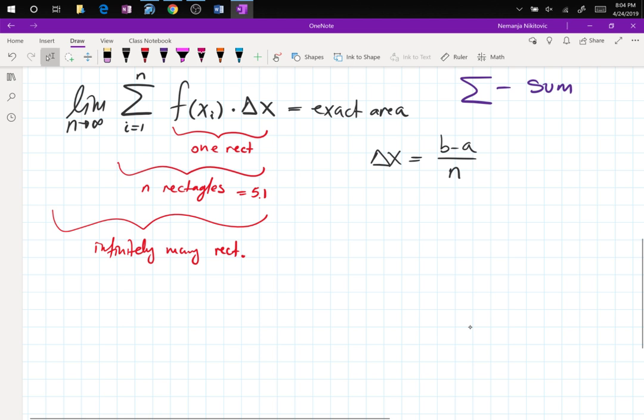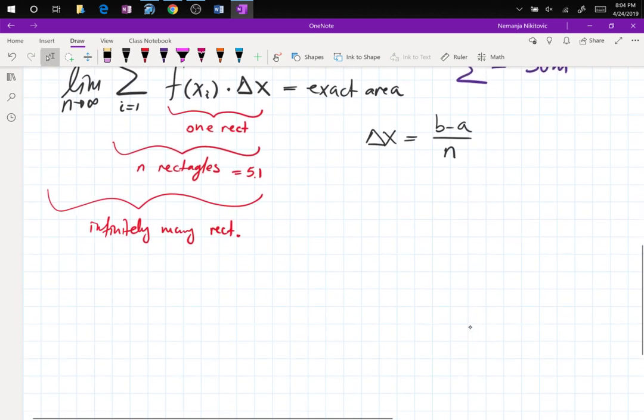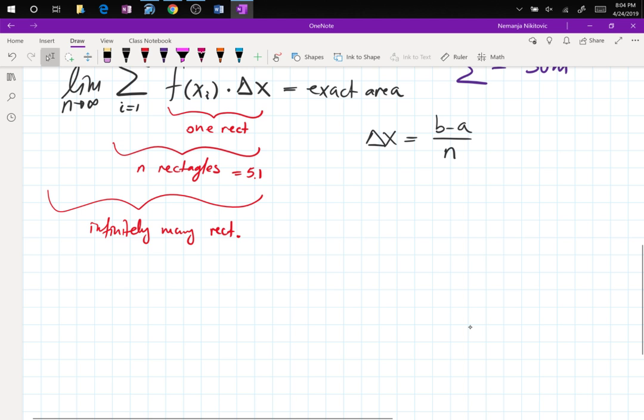Now, we have a very special notation for the exact area under the curve. And it involves your good old friend integral.